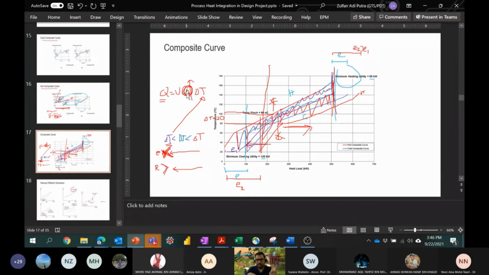In refrigeration, we know it is sub-ambient. We have ambient conditions, and then this refrigeration is below zero, it's sub-zero. So the more we go down in temperature, the more energy we need to run the compressor, and the bigger the compressor itself. So that equipment is very expensive.